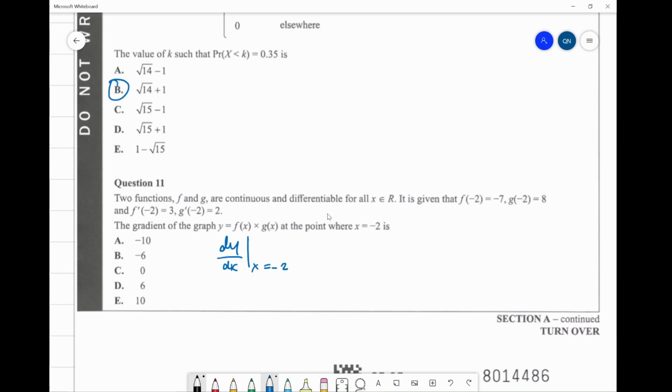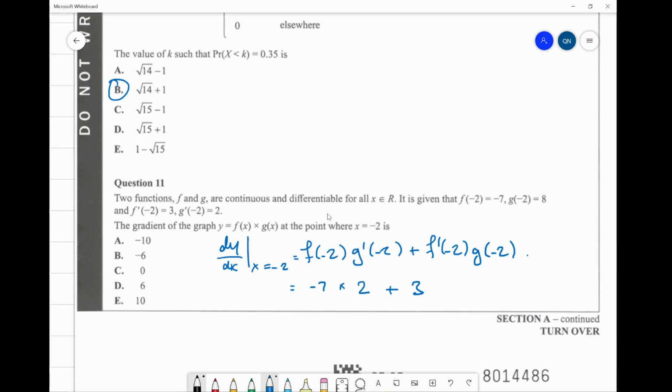It's just going to be f of -2 times g prime of -2 plus f prime of -2 times g of -2. And this is going to be equal to, what's f of -2? That's -7 times g prime of -2. That's going to be 2. And then plus f prime of -2. That's going to be 3. And then g prime of -2.